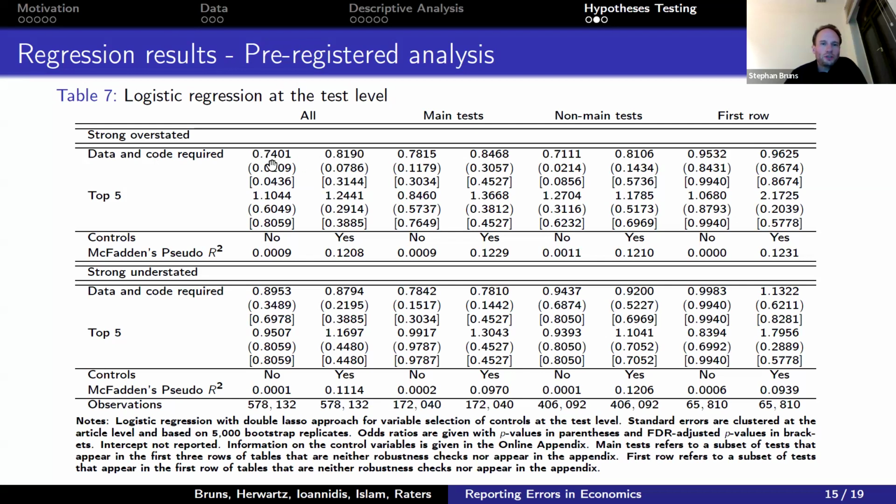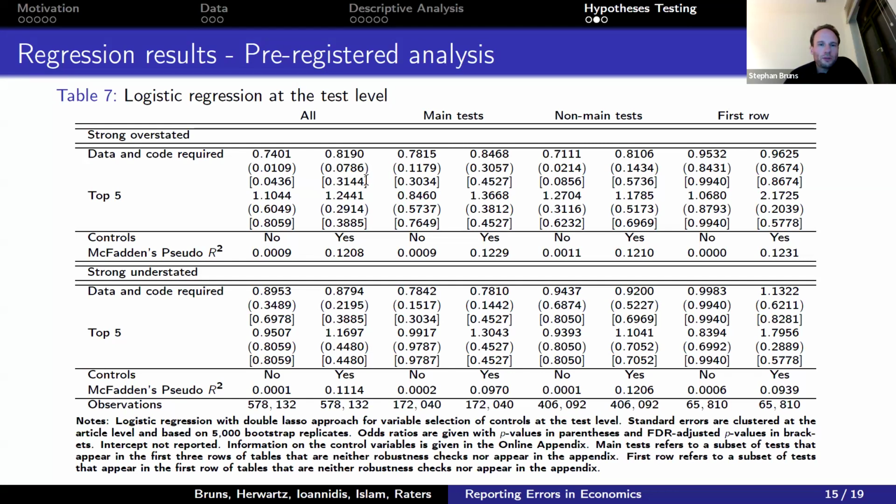These are odds ratios, so everything below 1 means it reduces the probability of observing a strong overstated reporting error. And we can see that the point estimate is consistently below 1, and it's significant at the 10% level. That's the common threshold of significance in economics, and it is reported in parentheses.